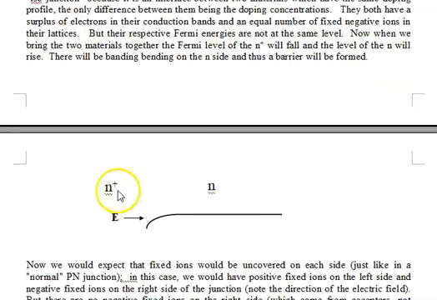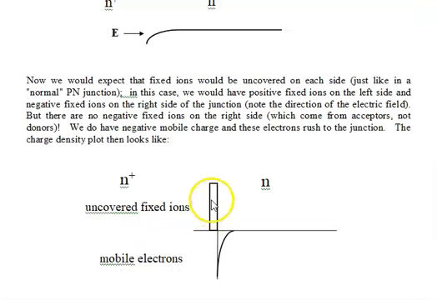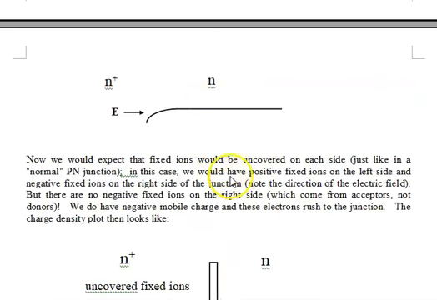And what happens is I uncover fixed positive ions in the N plus region, and that's shown here, but the charges must be equal. There are no fixed ions in the N region to uncover. All the fixed ions here are going to be uncovered in the N plus region.